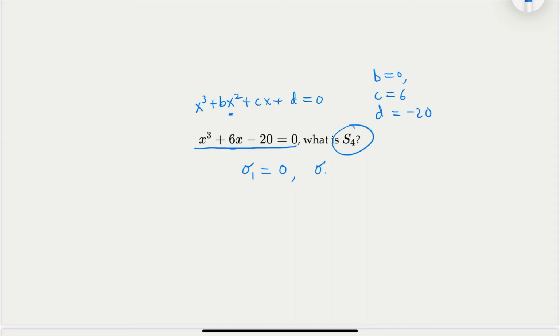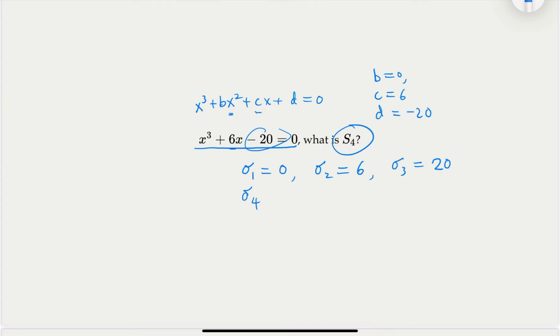Sigma 2 is equal to c, which is 6, and sigma 3 equals negative d, which is negative negative 20, so sigma 3 is 20. What is sigma 4?